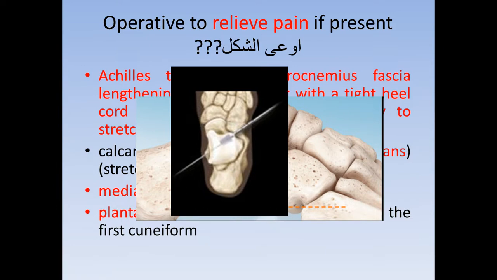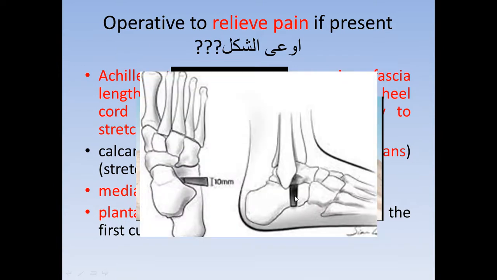If the patient has idiopathic flat foot, without any cause, with unresolved pain and no Achilles tendon tightness, you can do arthroereisis. Second option, you can lengthen the calcaneus.